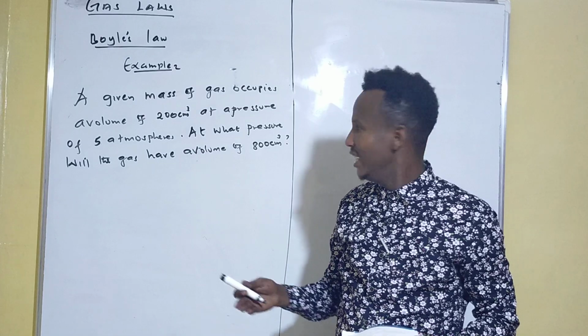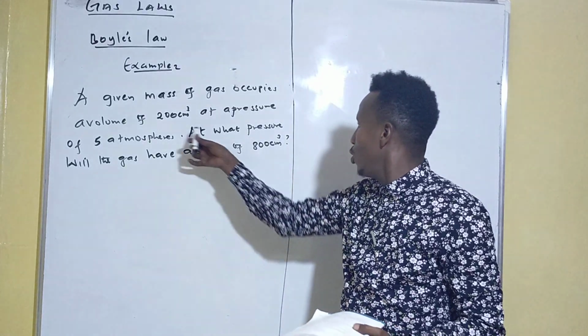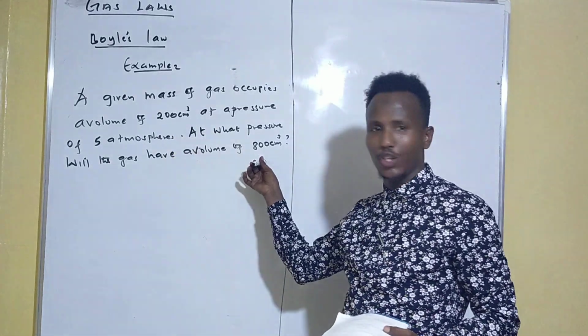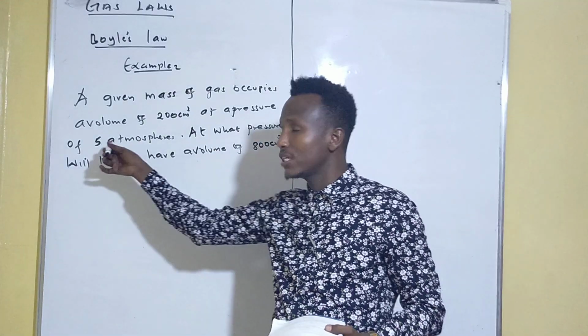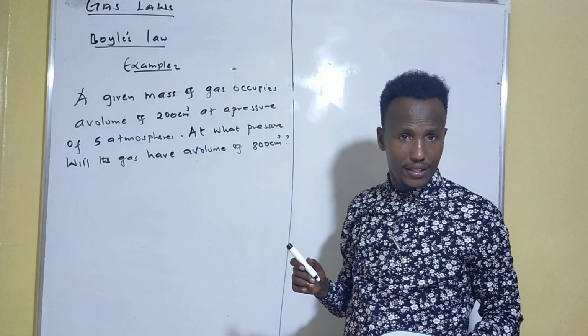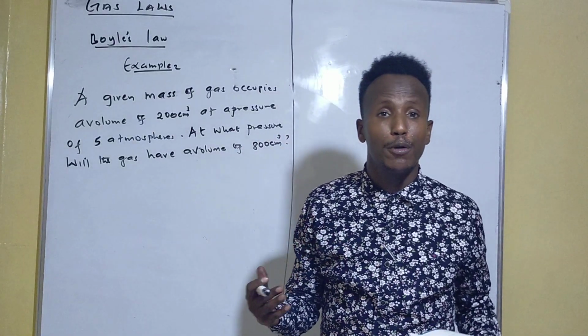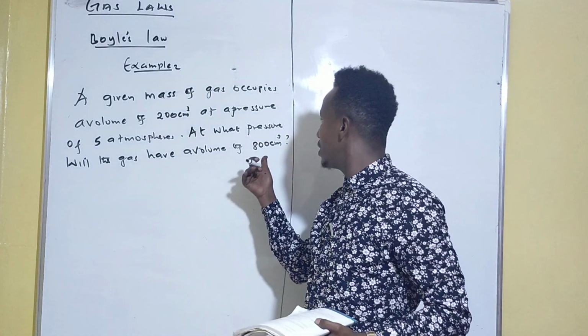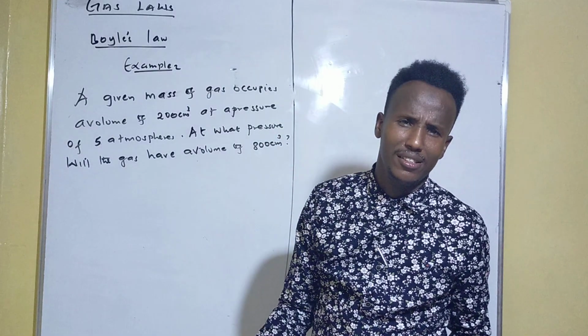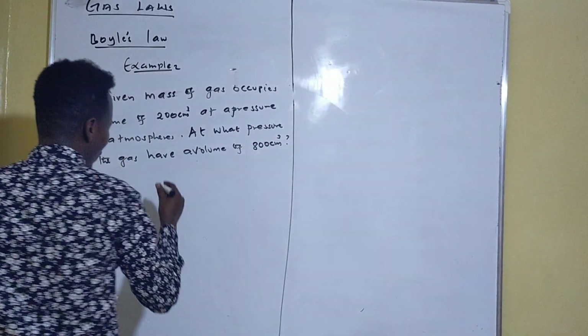It will be less than 5, because we are increasing the volume. An increase in volume causes a decrease of the pressure. We are talking about inverse proportion. Don't forget that. Let me write the information now.